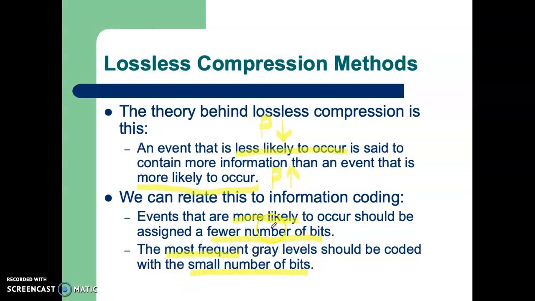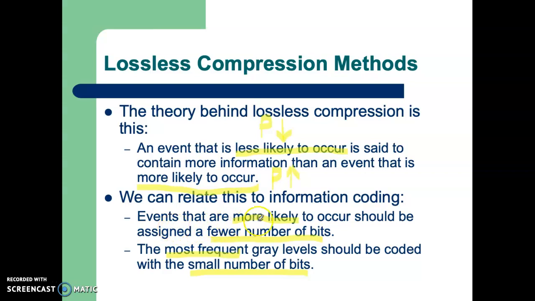So this is how the lossless compression method is done. If that particular pixel occurs more times, you will use a few number of bits. So automatically, logically, your image size will be reduced. If most frequent, then you will use a small number of bits.